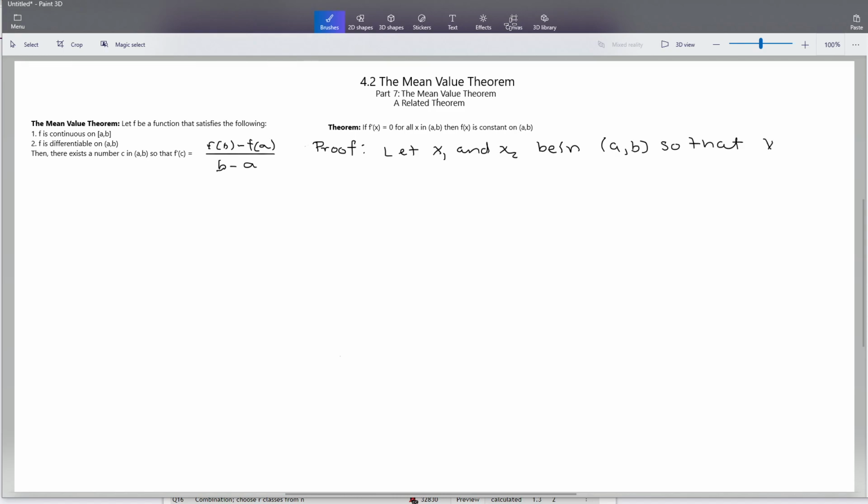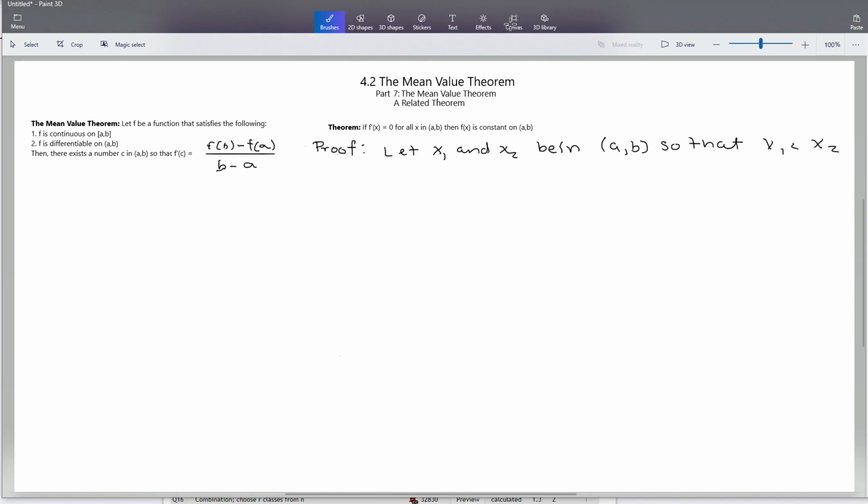Right, and we're going to pick them so that x1 is the smaller of the two numbers. It doesn't really matter, but we just need to know which one is smaller so that when we use an interval here, we know which one is the smaller one.